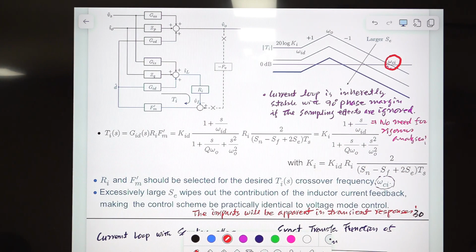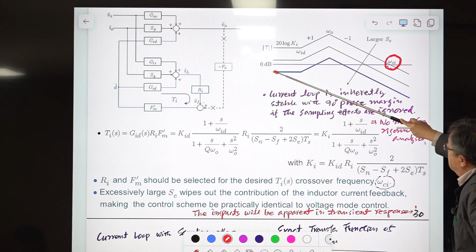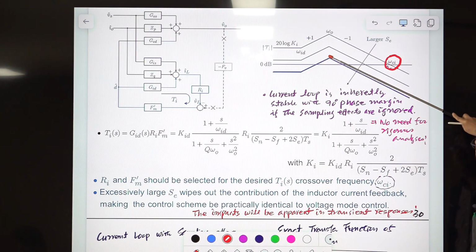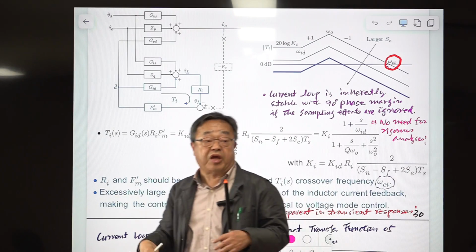Ki will be decreased. That means if you increase this larger Se, then this current loop becomes this, and if you increase Se further, it becomes like this. If we increase further, this current loop will disappear from the converter dynamics.